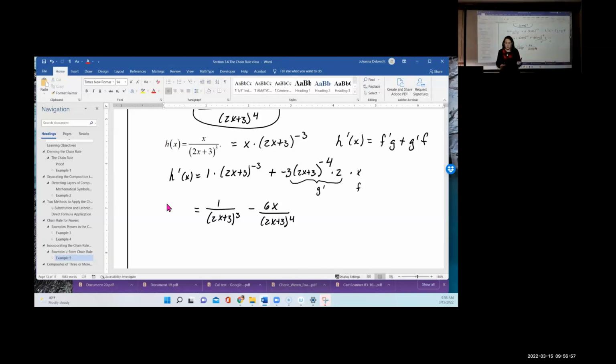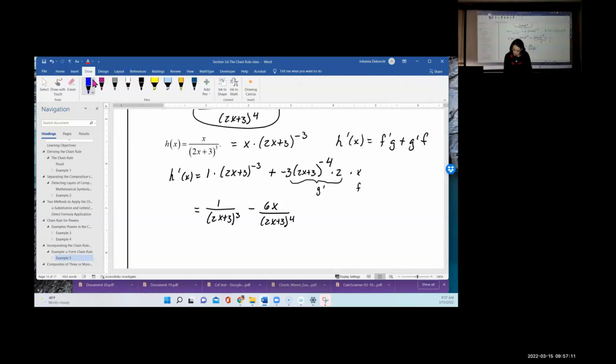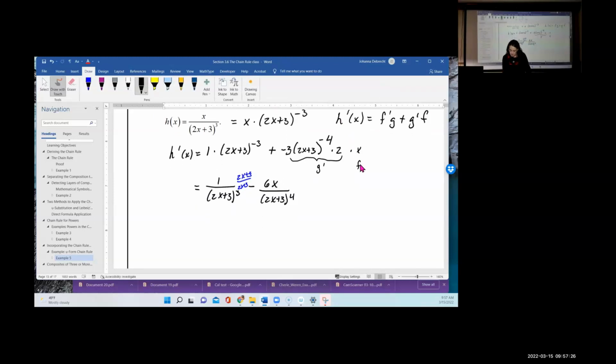Now, in order to combine these, I have to have a common denominator, which is going to be the larger power, 2x plus 3 to the 4th. So I want to multiply the first set by 2x plus 3 over 2x plus 3. That's a form of 1. And that will give me the common denominator, 2x plus 3 to the 4th.